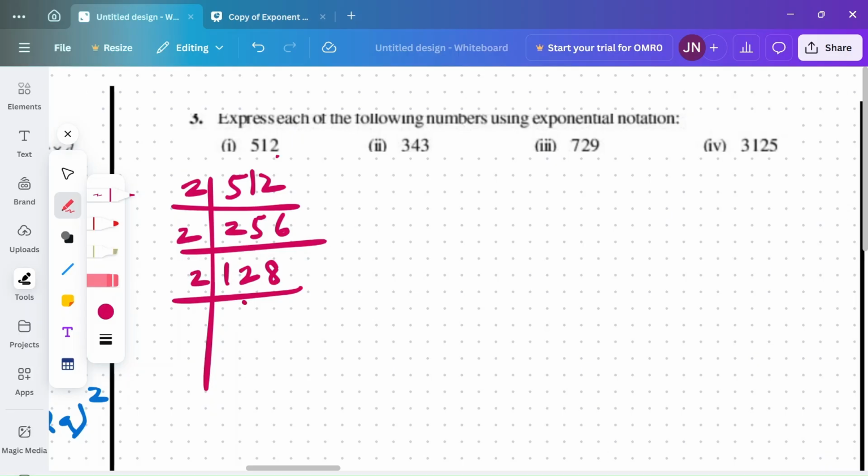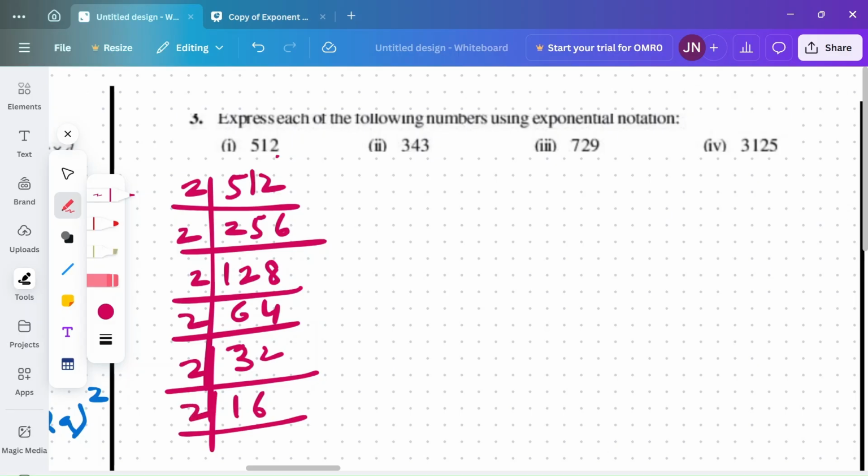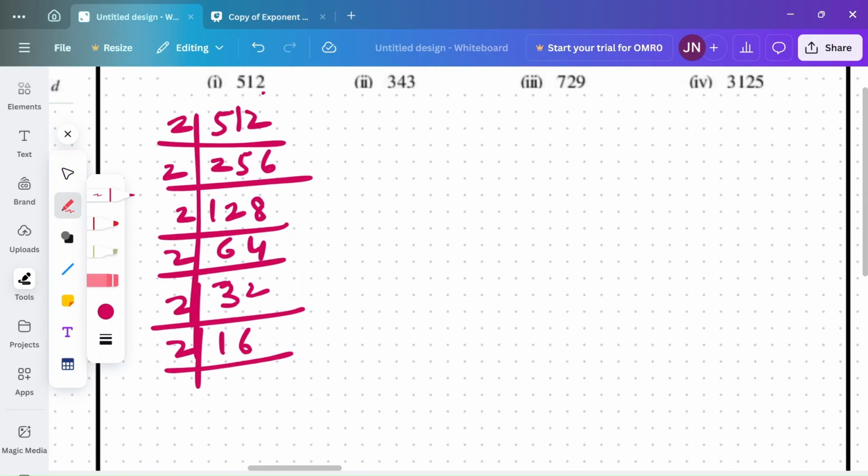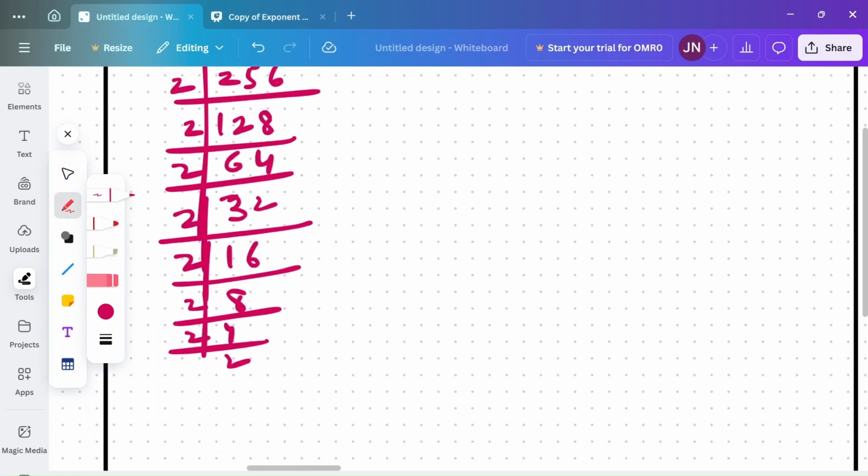Now here 2 sixes and 4. Here 2 threes, 2. Then 2 ones are 2, 2 sixes are 12, then 2 again, 2 eights, then 2 fours, then 2 twos, and 2 ones.